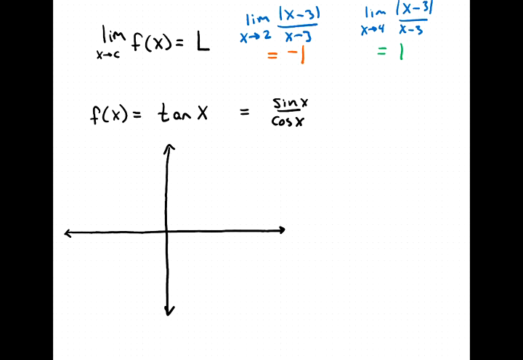And that happens at pi over 2, and at negative pi over 2. I'm just going to draw one cycle of the tangent function. It happens also at 3 pi over 2 and 5 pi over 2 and 7 pi over 2 and so on. But at pi over 2, we have a vertical asymptote.